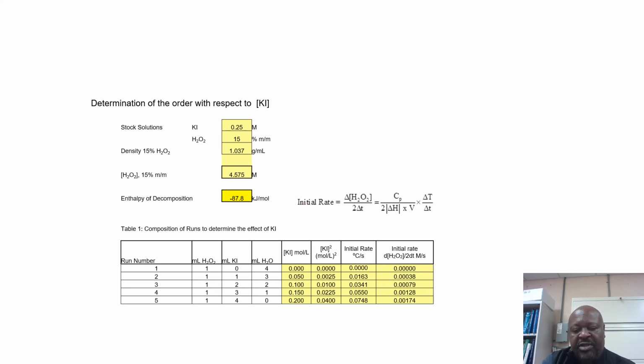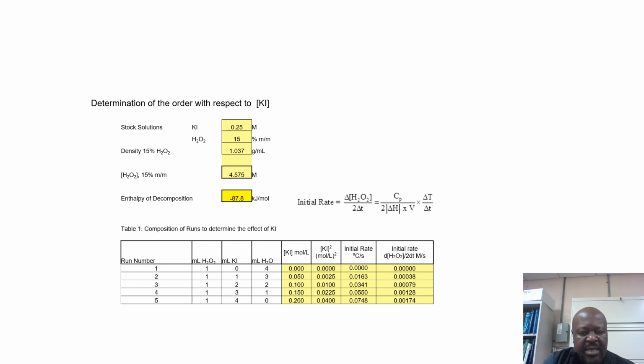So here is our equation then that describes the rate. And for runs number 2, 3, 4, and 5, you can calculate the concentration of the hydrogen peroxide. Let's do KI. For the KI, how do you do that? Well, it's 0.25 molar.